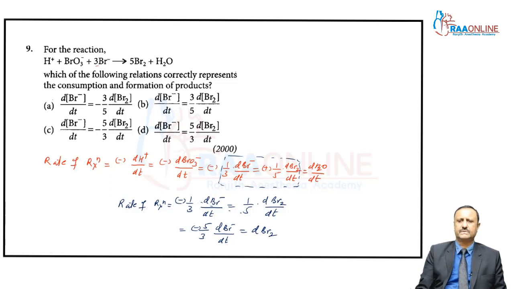Which option is correct, my dear friends? The correct option is 5 by 3 dBr2 upon dt. And when you solve for dBr minus, the 3 goes away, so 3 by 5 dBr2.